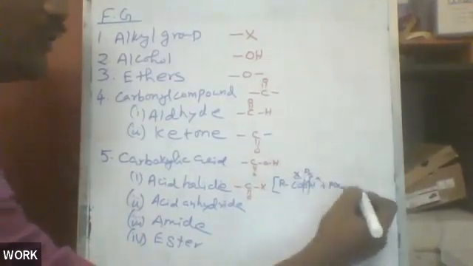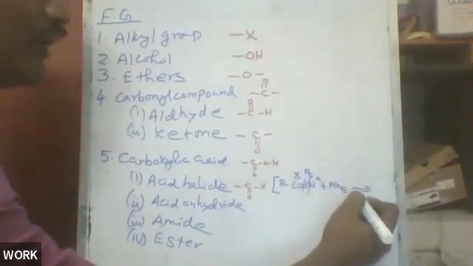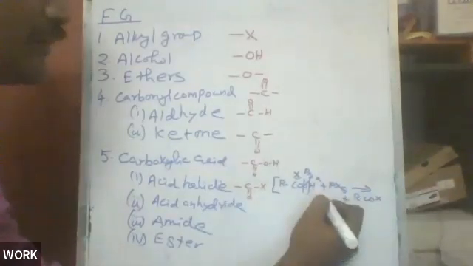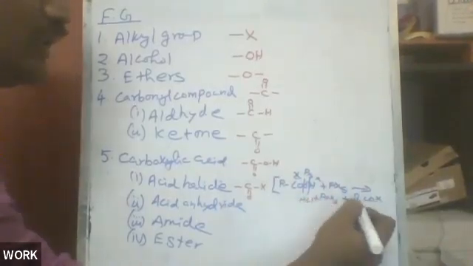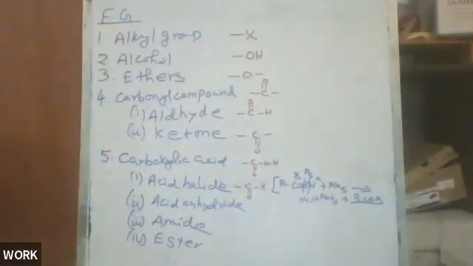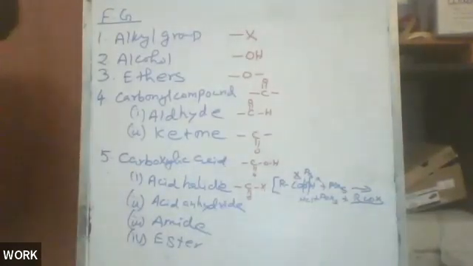It gives RCOX plus POX3 plus HCl. So that RCOX is the acid halide. Clear? Could you see that clearly?